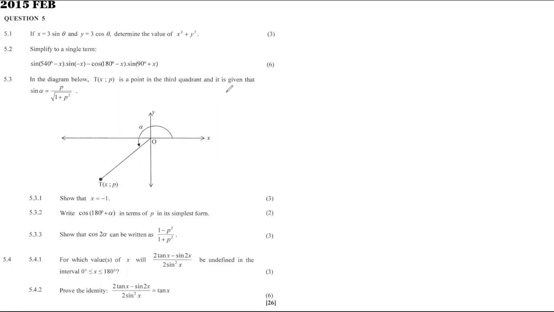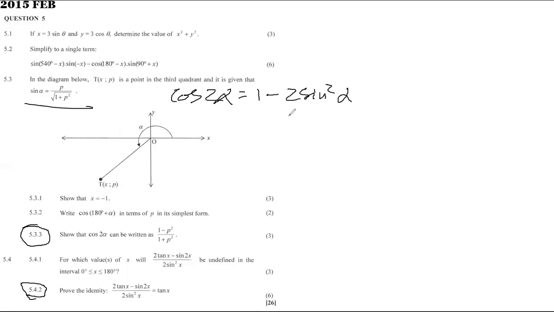Finally, now let us go ahead and prove this identity, 5.4.2. My word, I think I forgot 5.3.3 here. But this one, guys, it's pretty easy, really. If you want to show that cos 2 alpha can be written as that thing there, you just got to use the identity. Because we are given sine alpha, it will be much more straightforward to use the fact that it is 1 minus 2 sine squared alpha.